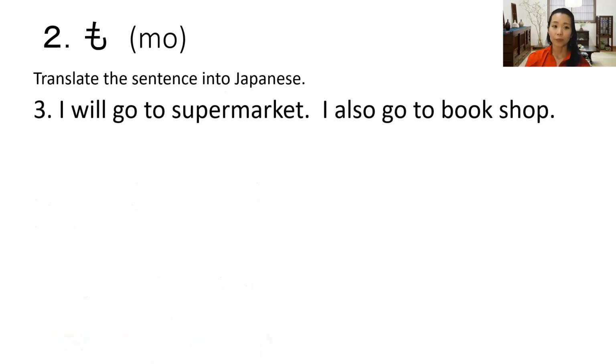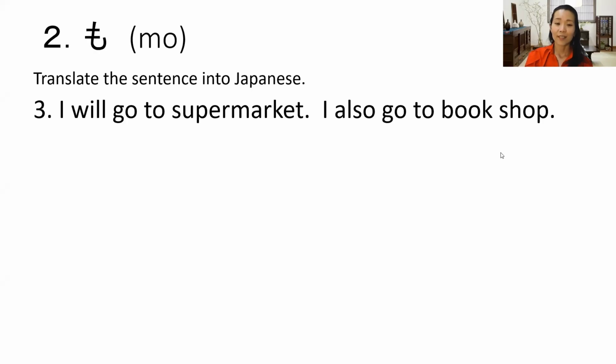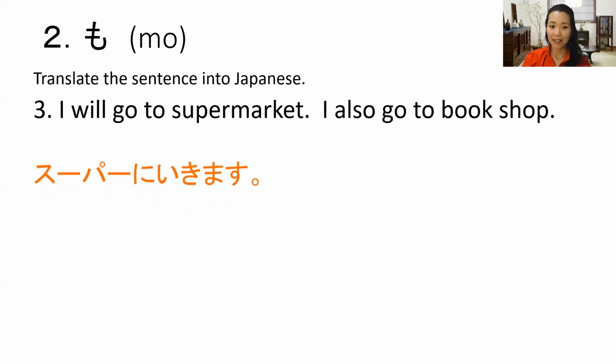はい。じゃあ、third sentence exercise. 訳してみましょう。I will go to the supermarket. I also go to the bookshop. How would you say that? Now you can say スーパーに行きます。行きます is the polite form of the verb "go".